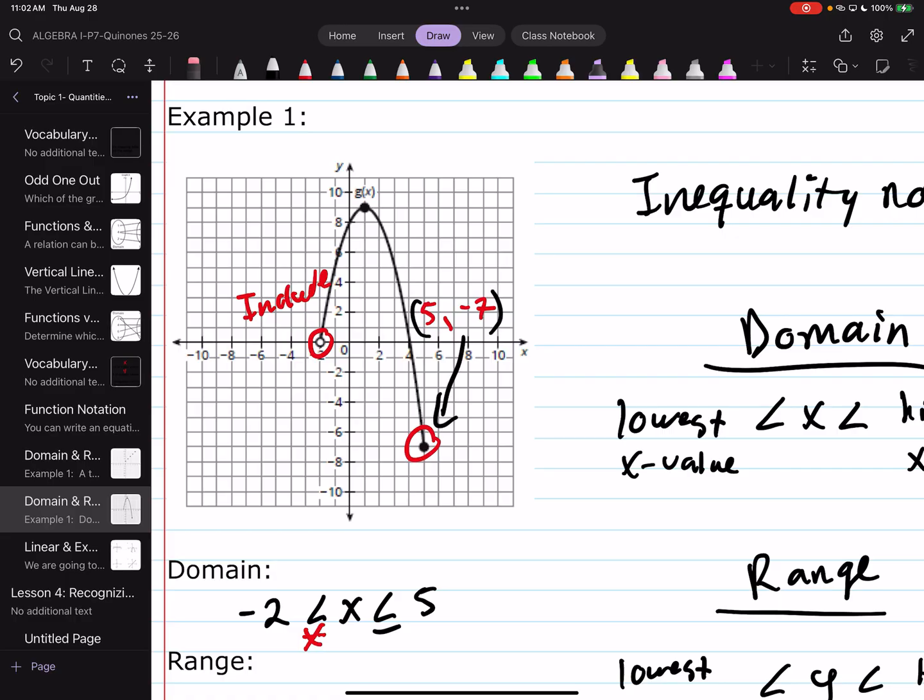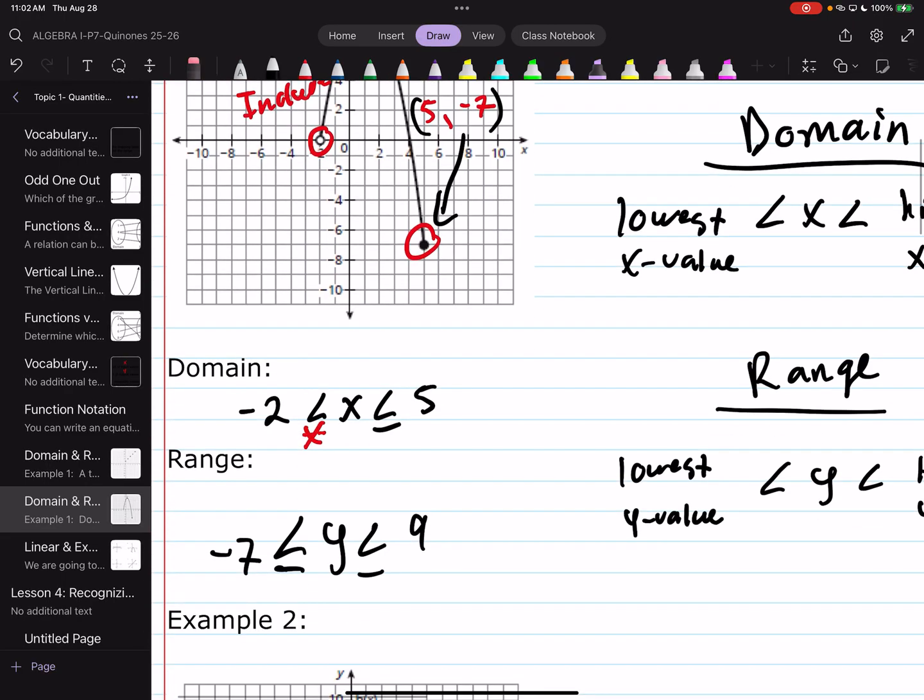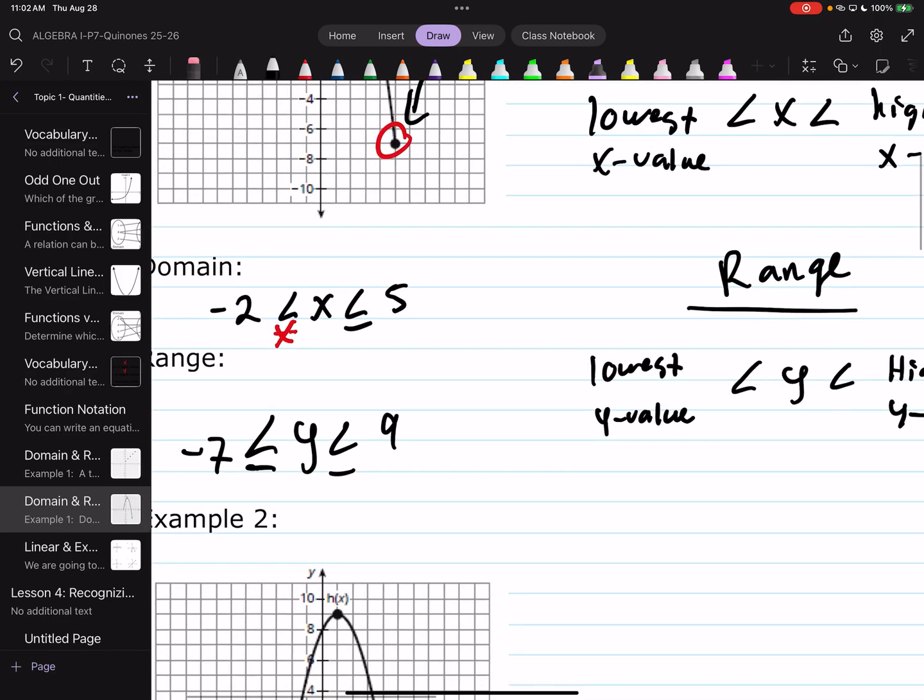And where did we get the other number? This is the highest point of the graph, which we can read as coordinates. That is (1, 9). So my lowest is -7 and my highest is 9. Cool. How do we feel about that? Can I answer any questions before we move on?